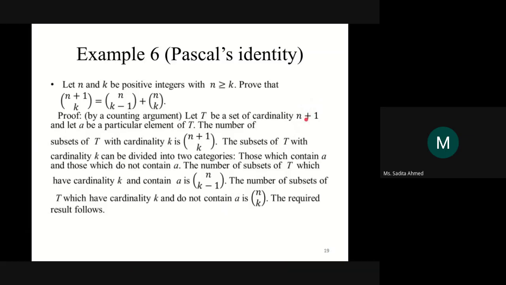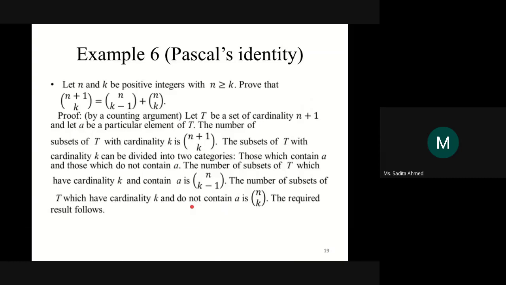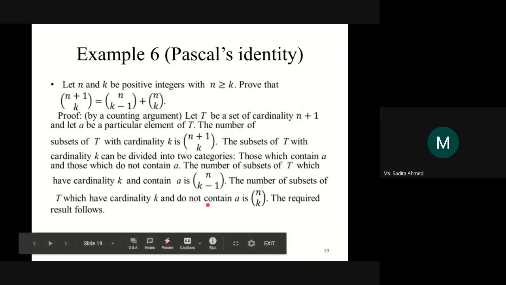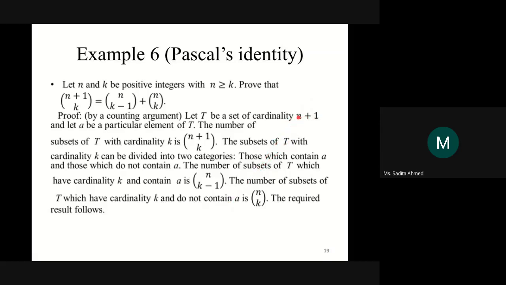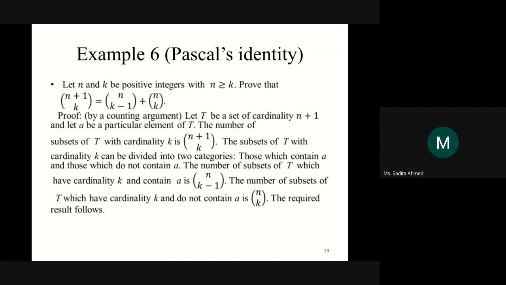However, if you're saying that the subsets will not contain A, you're reducing one of the options. A was one of these n plus 1 elements, right? We had n plus 1 elements to choose from, including A. এখন যদি বলো যে A থাকতেই পারবে না, তার মানে কি A is not an option anymore. A is not an option at all. If A is not an option, do we still have n plus 1 elements to choose from?